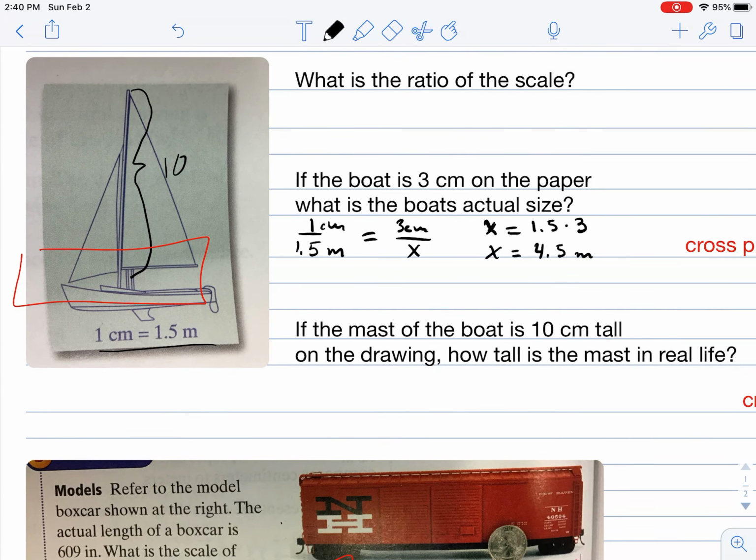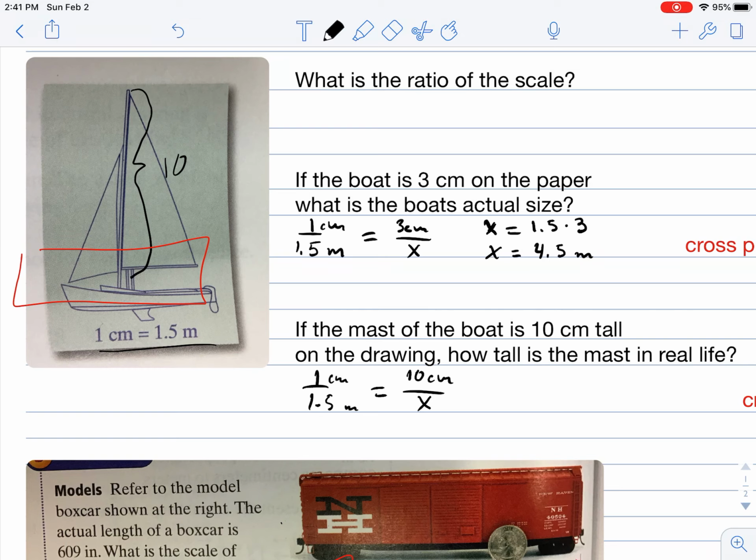Now we've got the mast on the boat is 10 centimeters tall. I'm going to first write the ratio of my scale, and I'm going to set that equal to, okay, it says 10 centimeters tall, and that's on the drawing. So drawing is on top as our numerator, and actual dimension is our denominator. To find what it is in real life, we take the cross product.